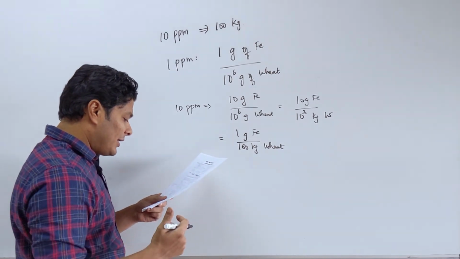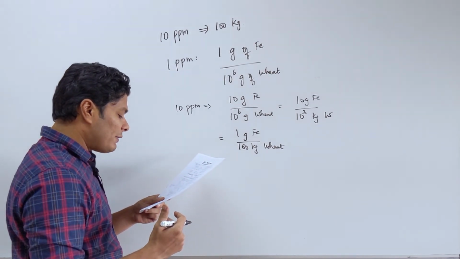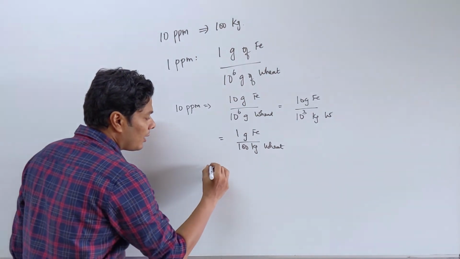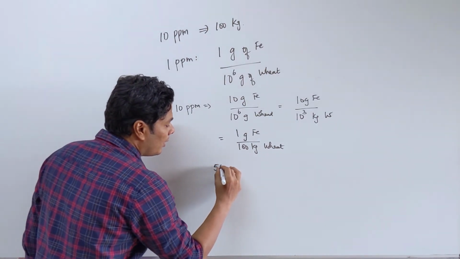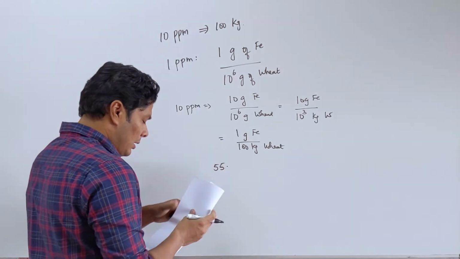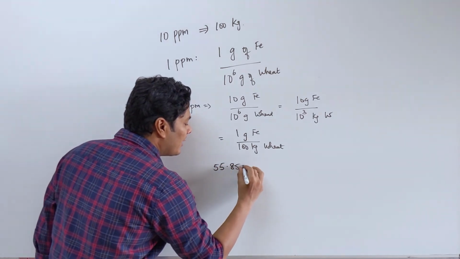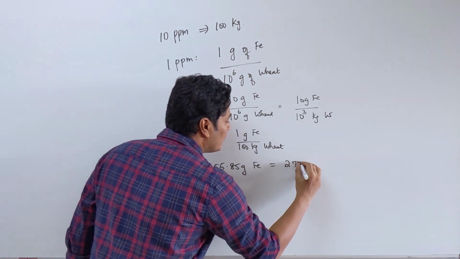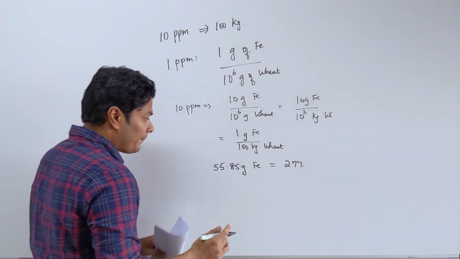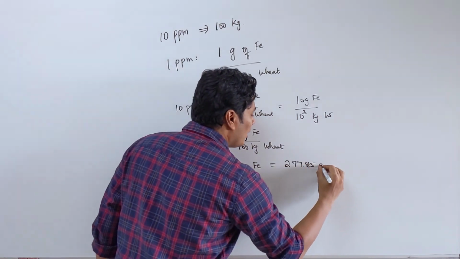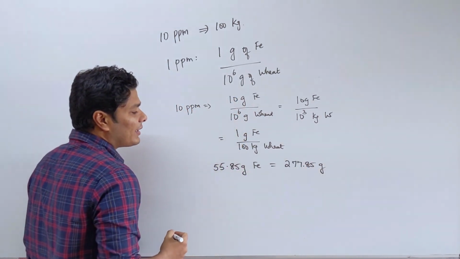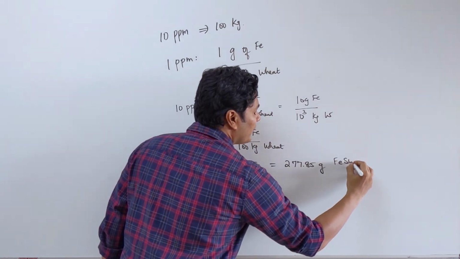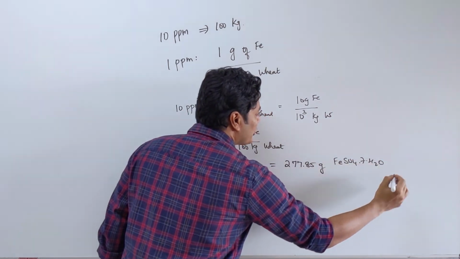Now if you calculate the molar mass, you should get 277.85. So what it tells you is 55.85 grams iron is present in 277.85 grams FeSO4.7H2O.